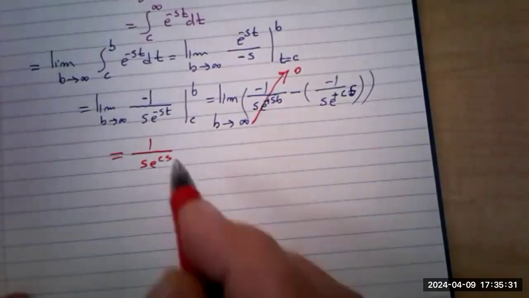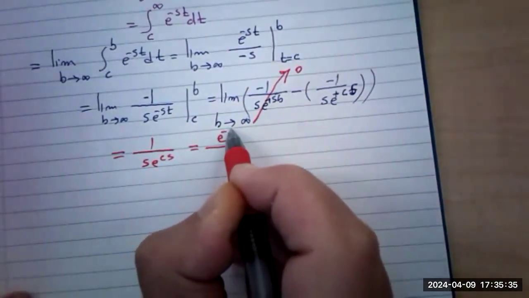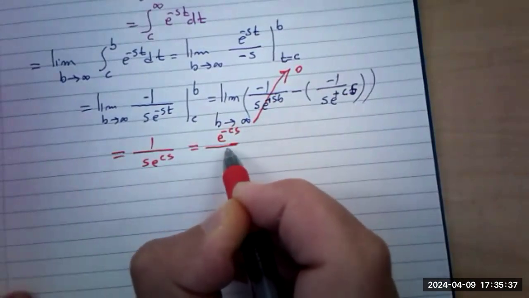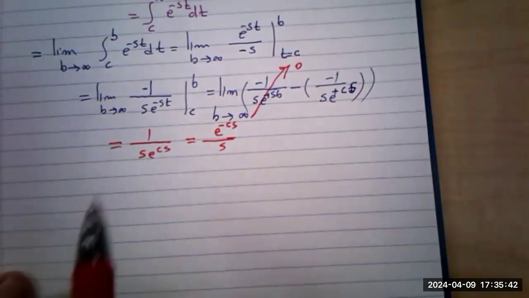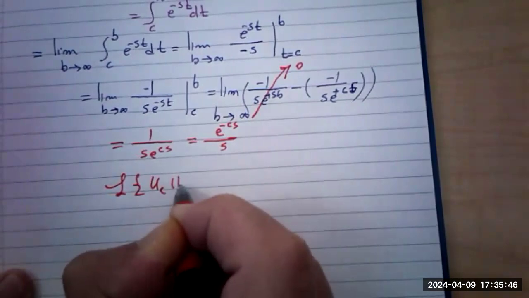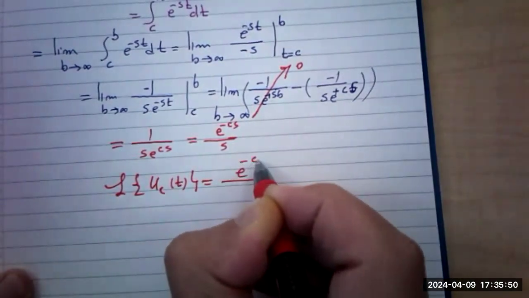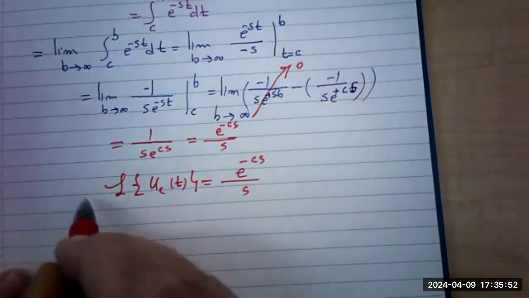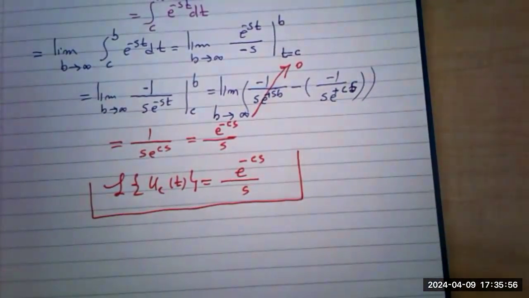In order to remember it, we usually write this one in the negative form. We move it up, e to the negative cs. So this is the formula that you have to memorize or just use it in your table: the Laplace of u_c(t) is e to the negative cs divided by s. This is the Laplace transform of the unit step function.